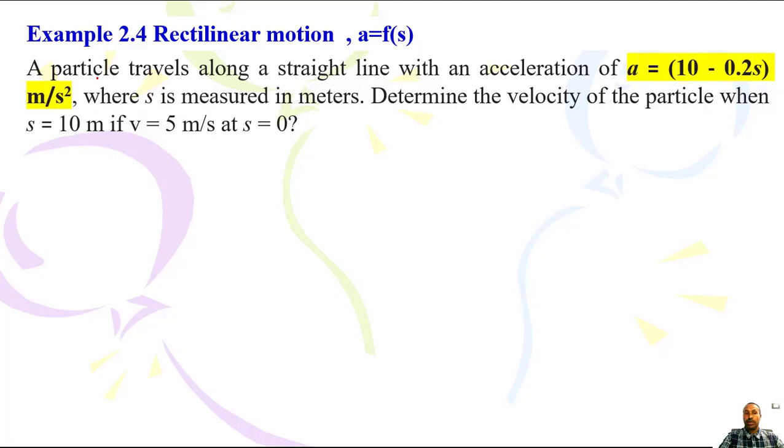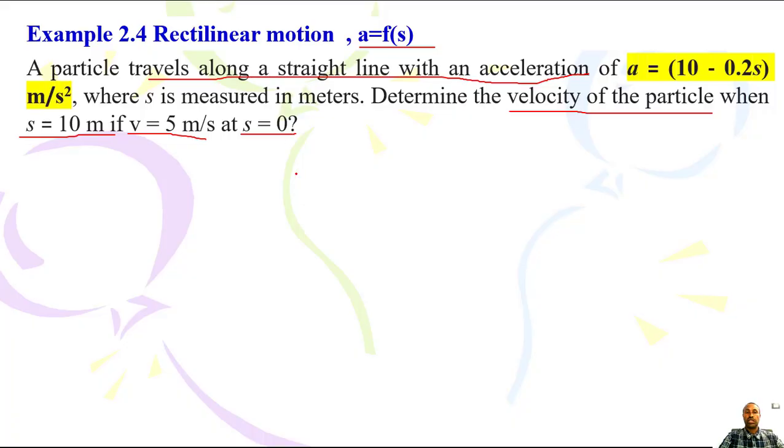A particle, if acceleration as a function of s is given, how do you calculate? A particle travels along a straight line with an acceleration of this one, where s is measured in meters. Determine the velocity of the particle when s is 10 meters, if v is 5 meters per second at s equal to 0.